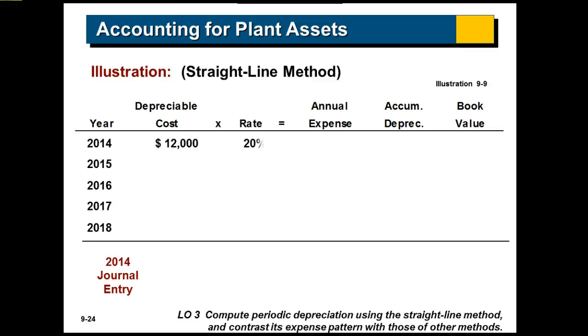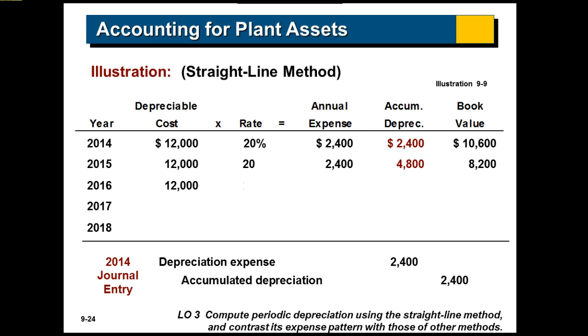So, as you can see here, it continues each year to be $2,400, and as you see what happens, our accumulated depreciation increases. We know our book value is based on what we purchased it for, cost minus accumulated depreciation. So each year, we started with $12,000 as a book value.